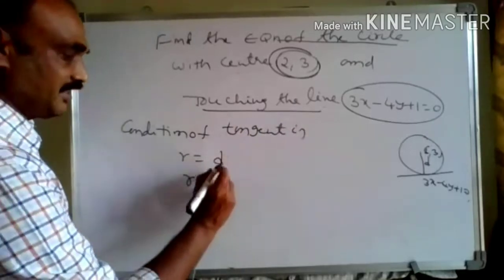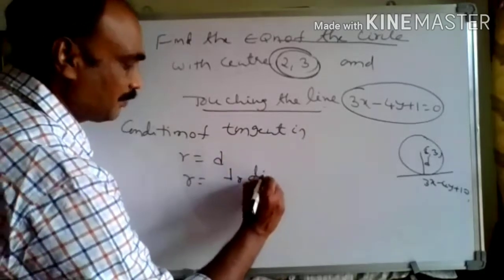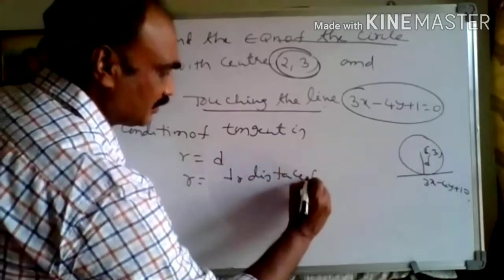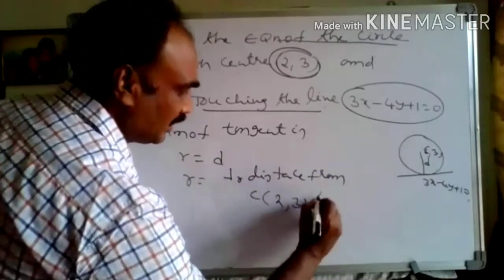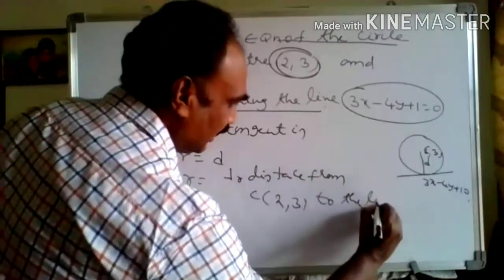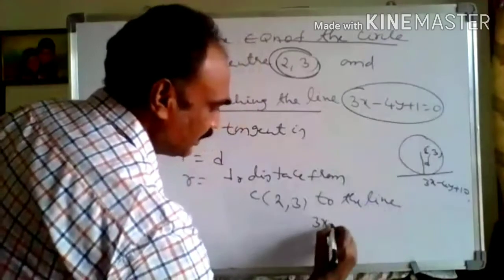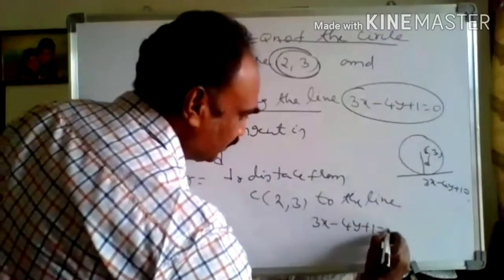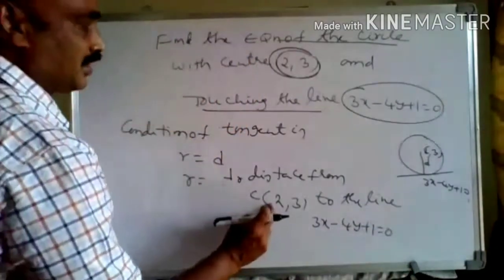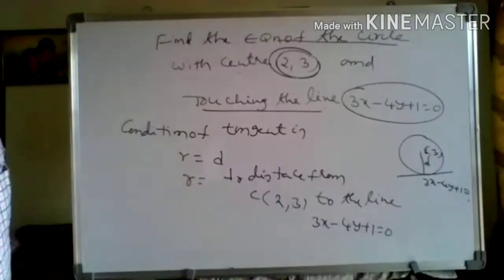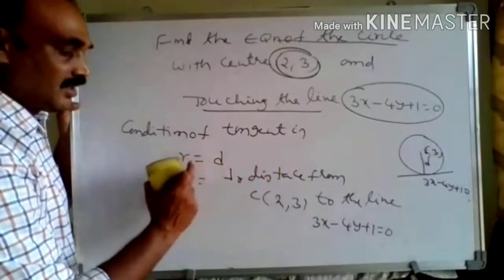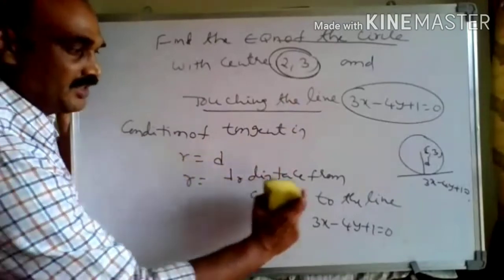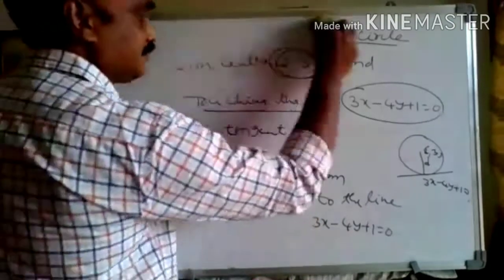R is equal to d is equal to perpendicular distance from center 2 comma 3 to the line 3x minus 4y plus 1 is equal to 0. First calculate radius.